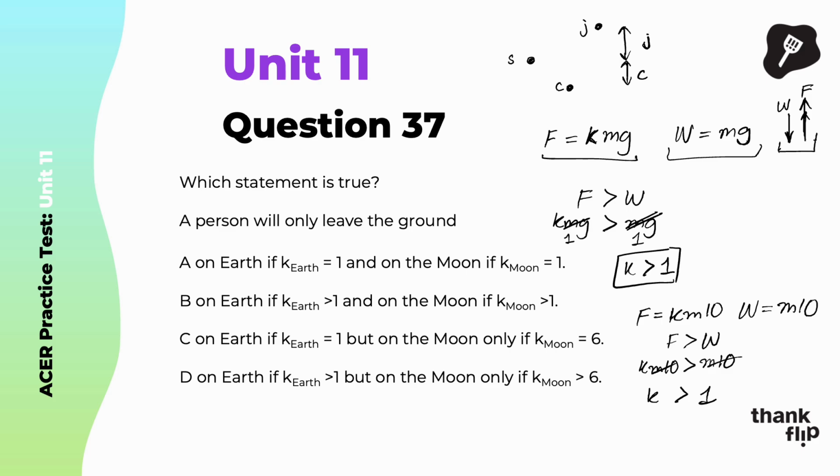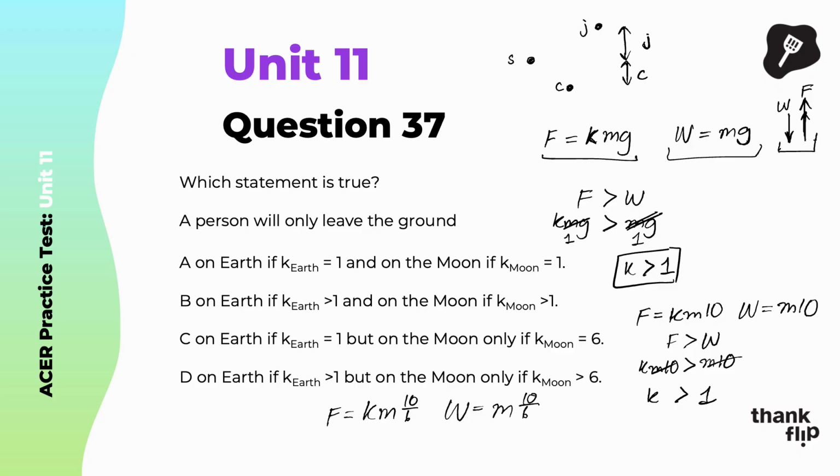Okay, now let's say that we're looking at the gravity on the moon. Okay, so let's say F is equal to Km, and we're told that the gravity on the moon is 1/6 of that on the Earth. So let's say 10 over 6. Okay, and then your weight on the moon would also be the same thing. It would be m times 10 over 6.